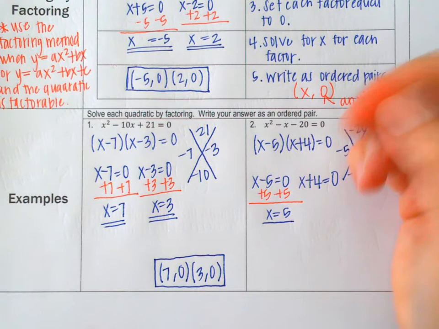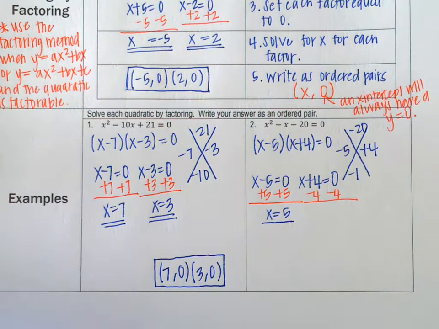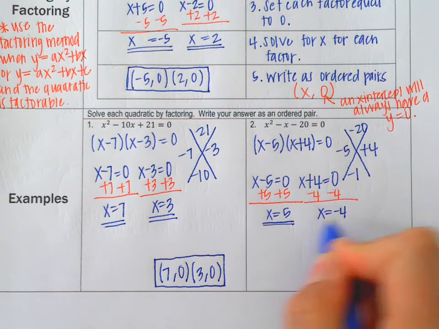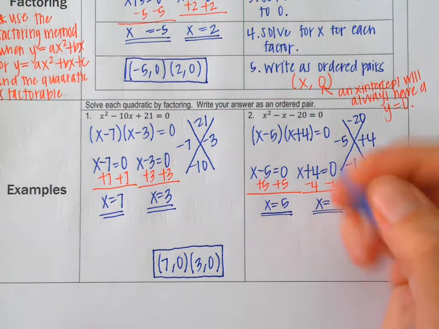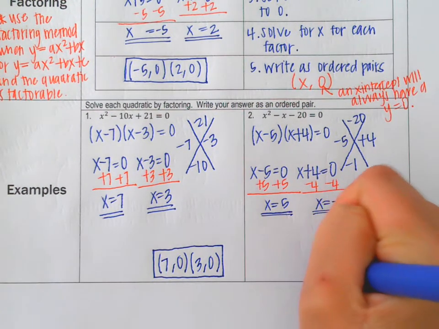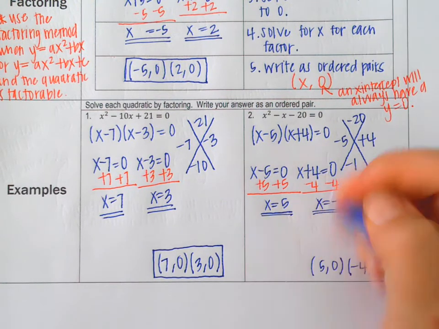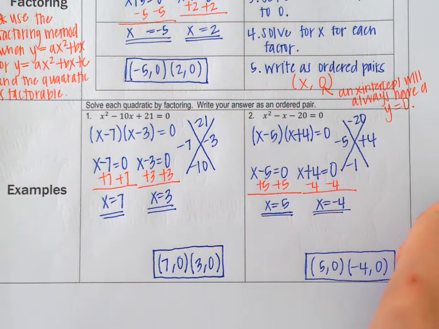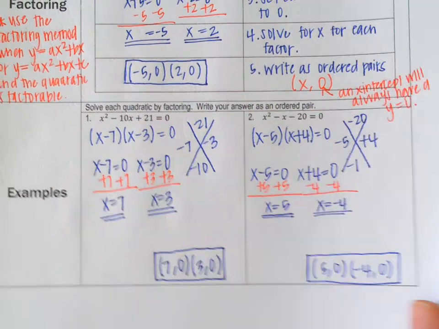Subtract 4 from both sides, and I get x is equal to negative 4. And then we just write those as ordered pairs: 5, 0 and negative 4, 0. That's my answer. Okay, so let's move on to the next set of problems.